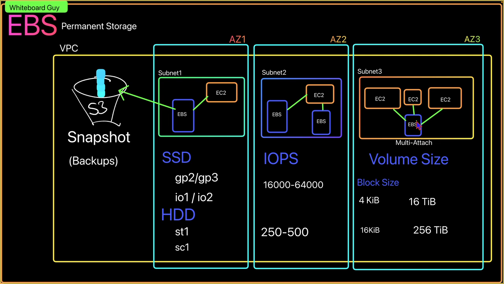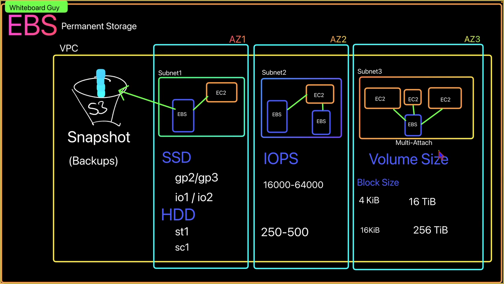Snapshots are on S3, not EC2 instances. You have to have your EBS volume, your Elastic Block Store volume, in the same availability zone as your EC2 instance. And if you maybe have in one availability zone multiple EC2 instances, you could go towards multi-attach. Volume size is dependent on the block size, and block size is between 4 KBs and 16 KBs, and that can give you a volume size of between 16 TBs and 256 TBs.